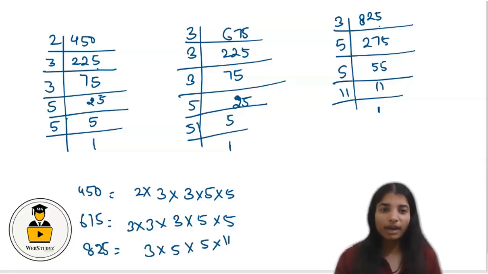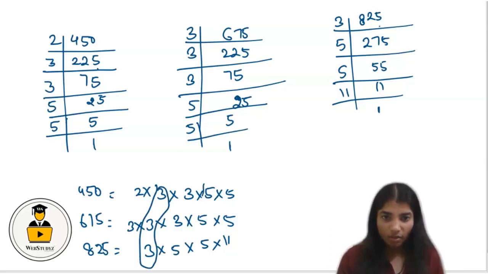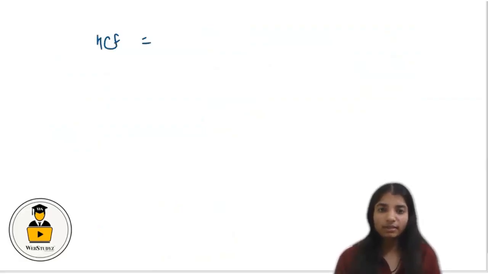Now we have to find the HCF. We are going to find the common factors in all of them. Look here, 3 is common in all three. Now 5 is common 2 times in all three. So the HCF of these numbers is 3 multiplied by 5 multiplied by 5. 3 multiplied by 5 is 15, and 15 multiplied by 5 gives 75.